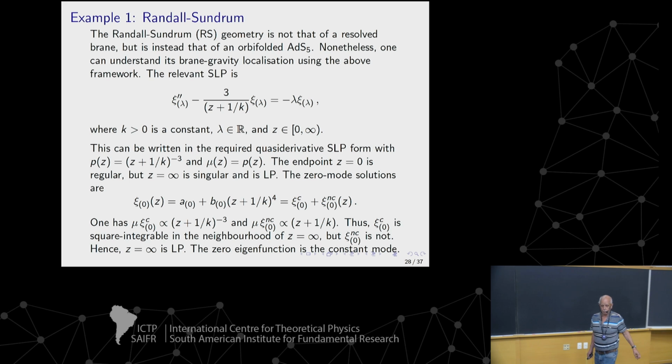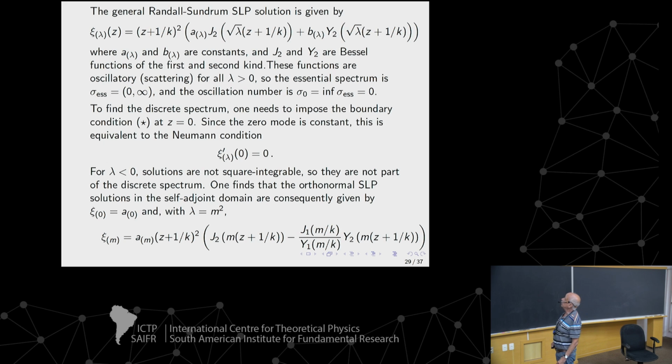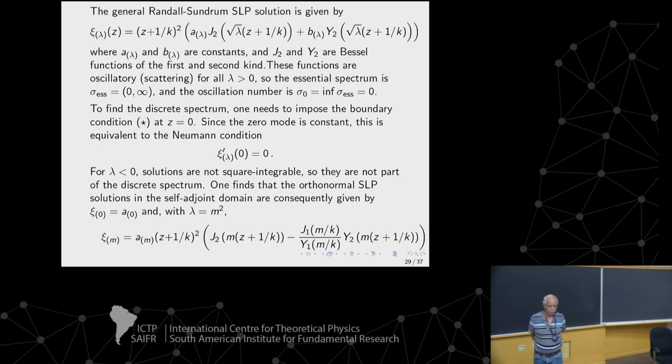The zero eigenfunction is the constant mode, and it's around that that you generate the effective theory of massless gravity in the lower dimension. The general Randall-Sundrum Sturm-Liouville problem is given this way. Now, okay, if you want to know what the solution really looks like here, you get involved in Bessel functions, J and Y, the first and second kind.